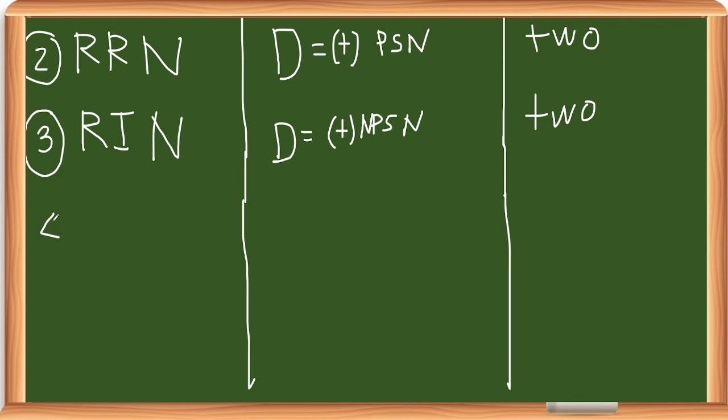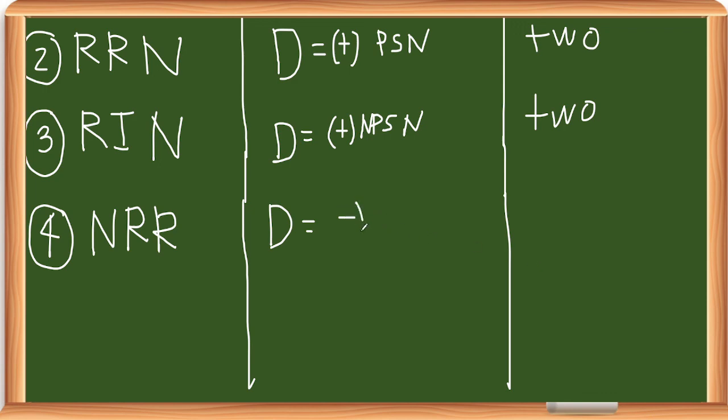Now, the last one. What is the last nature? Okay, thank you very much. So, no real roots. What is your discriminant here? Negative integer po, or negative. Okay. Negative integers, negative number.